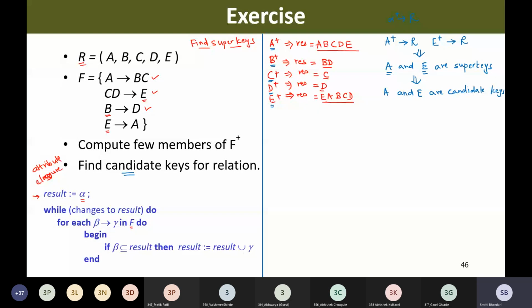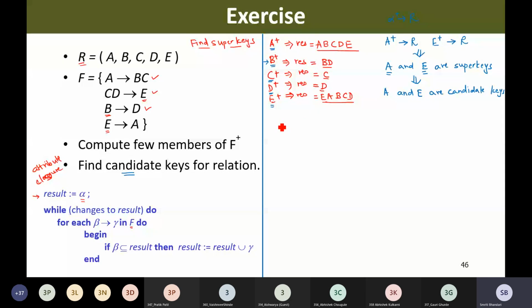Now let us try to find out if there are any more super keys. Looking at these attribute closures, B plus has BD as the closure, C plus has only C, and D plus has only D. So now let us try for a few more super keys and ultimately the candidate keys.